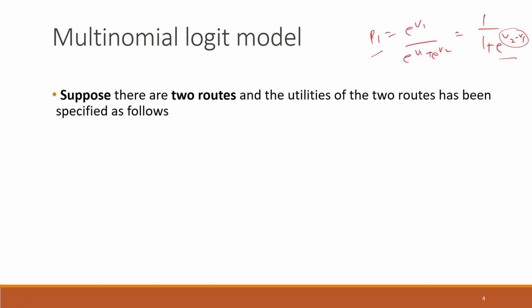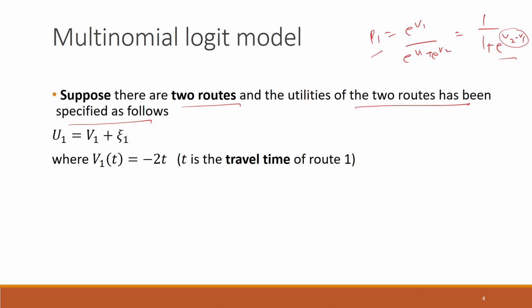So, let us take an example here. Suppose there are two routes and the utilities of the two routes are specified as follows. The utility of the first route is given as u1 equal to V1 plus an error term, where V1 is equal to minus 2t, where t is the measured travel time of route 1.